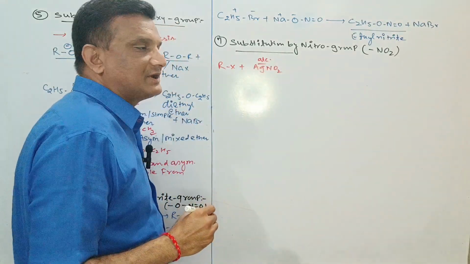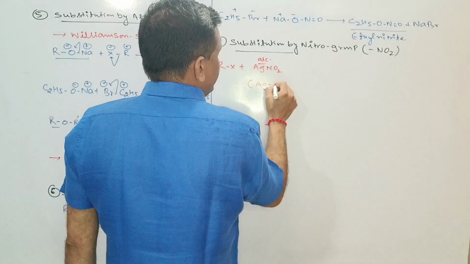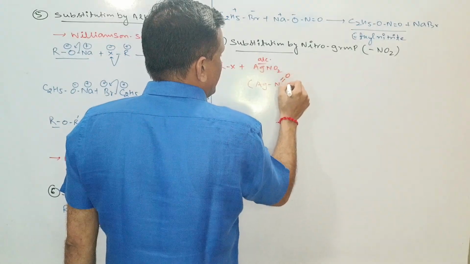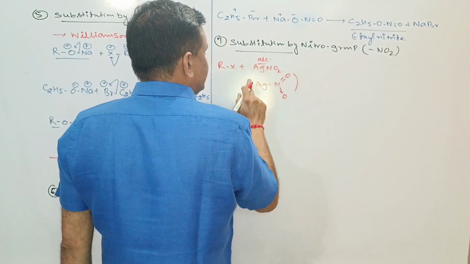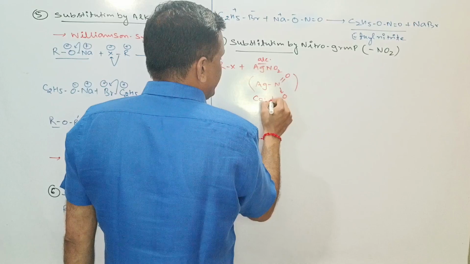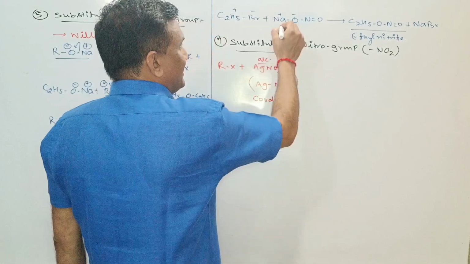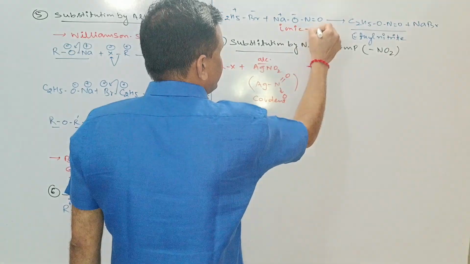If I go with the structure, it is as follows: Ag, N, double bond O, and O. As you know, here is Ag, a silver metal, so its nature will be covalent, while the other is ionic in nature.